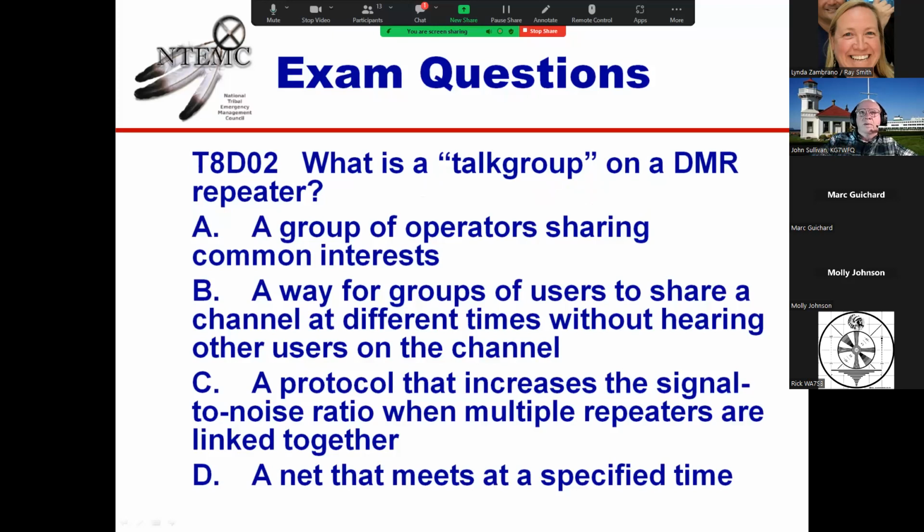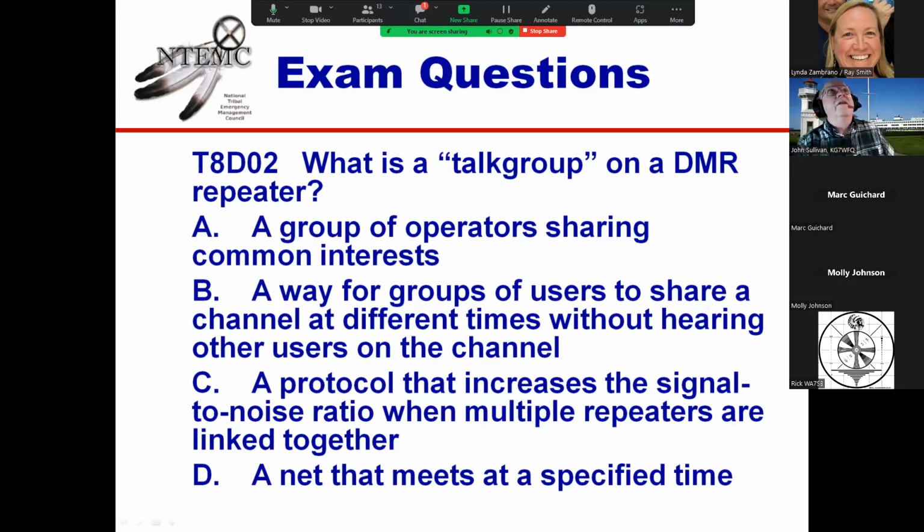What is a talk group on a DMR repeater? Okay, need a little explanation. We mentioned that you can have multiple conversations going on at once on DMR. You have two going on the same frequency at the same time.